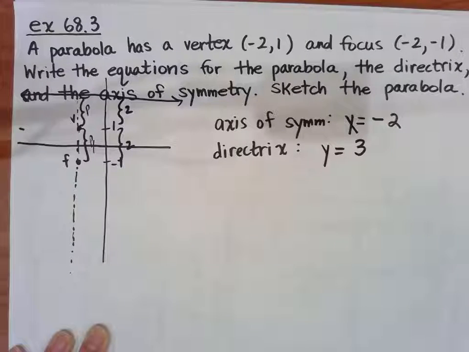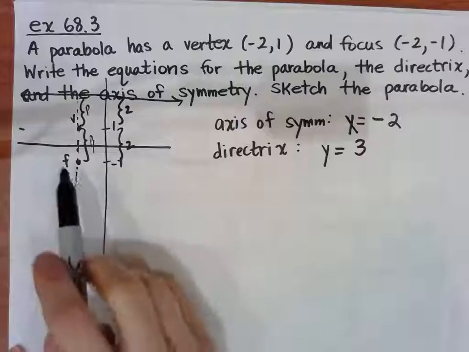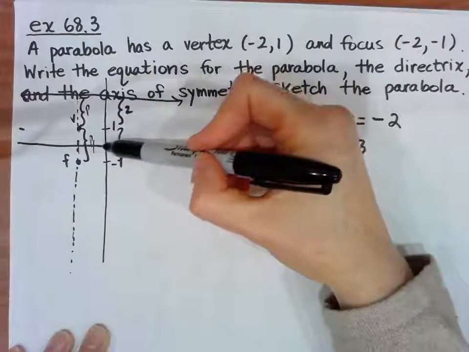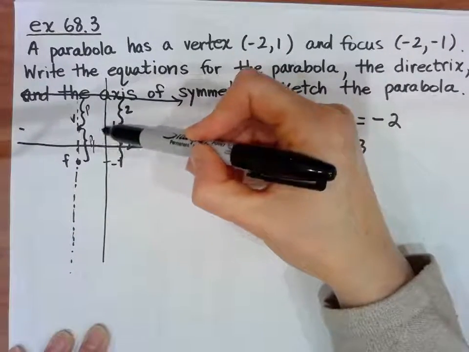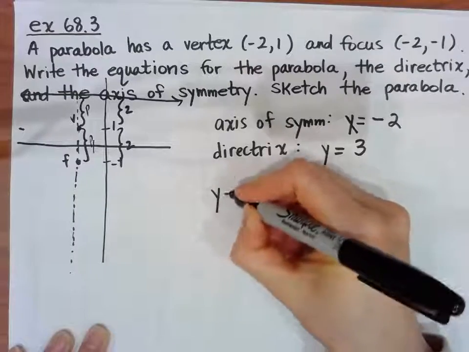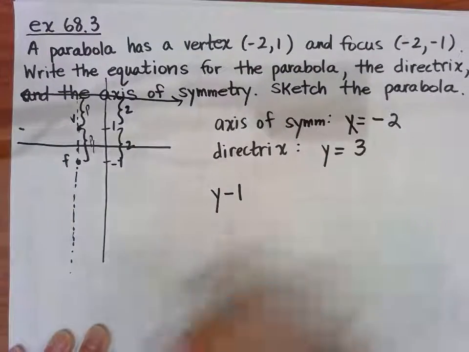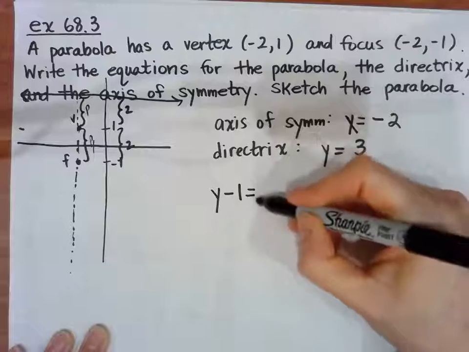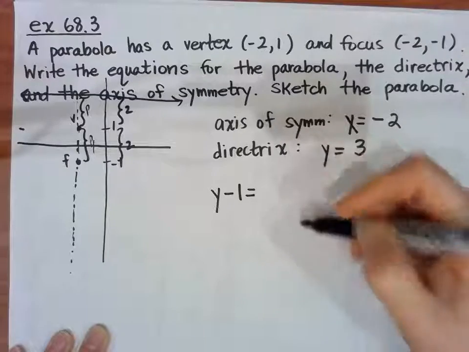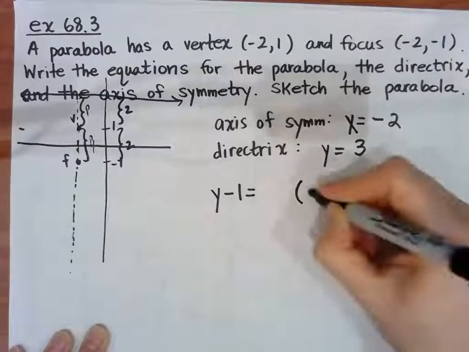Okay, so the last thing that we have to deal with now is the parabola itself. Well, we know that it's shifted in the y direction up 1 unit, so we have a y minus 1 equals, we'll have to think about that in a minute, but let's do the shift for the x first.